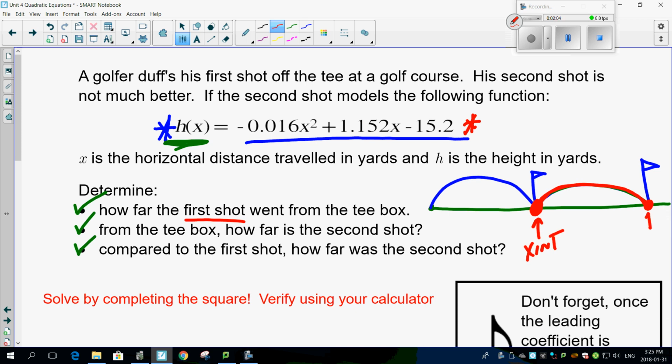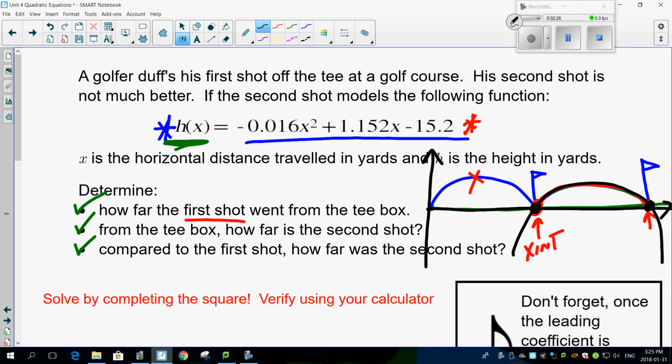Your second shot is going to end up here, which is the second x-intercept. You don't need this first arc at all. Think about it. If this was your wonderful coordinate axis, right there to right there, that's the parabola that you're dealing with. There's your starting point of your second shot, there's your end point of your second shot.